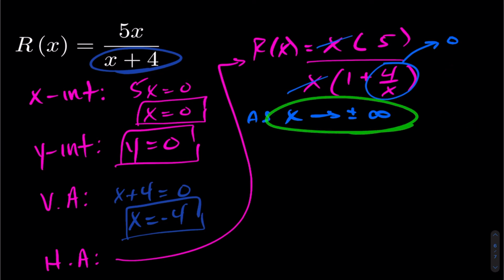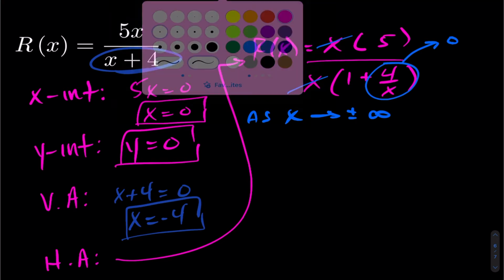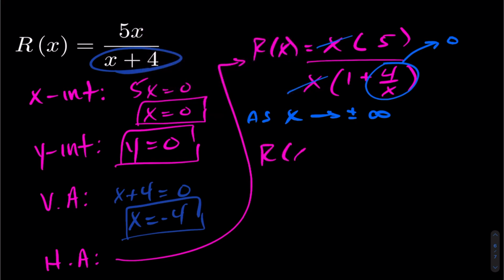But as x gets infinitely large or infinitely small, this might be a really, really small number divided by that exact same really, really small number, or a really, really large number divided by that exact same really, really large number. In either case, you can cancel these off. Canceling off, I end up getting that r at x is going to equal 5 over 1, which reduces to 5. So therefore, I have a horizontal asymptote at 5.